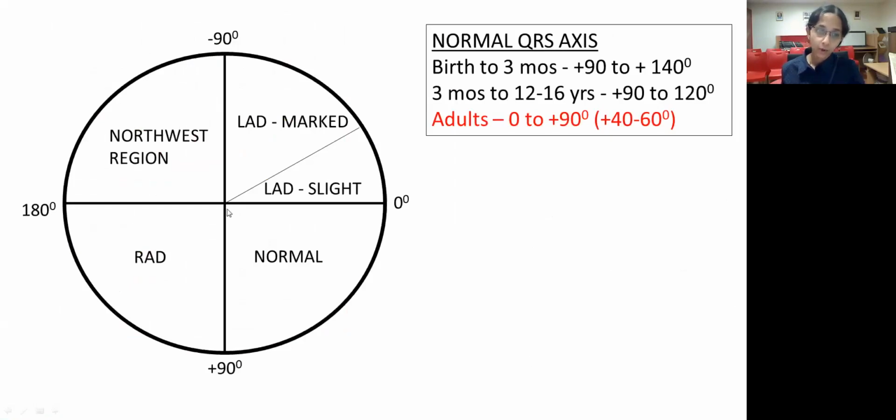The right lower quadrant is considered generally for an adult to be a right axis deviation. The left upper quadrant is considered to be a left axis deviation, where it can be slight or marked, and the right upper quadrant is considered to be a north-west axis. So this terminology is important for us. We consider right axis deviation, left axis deviation, or north-west axis.